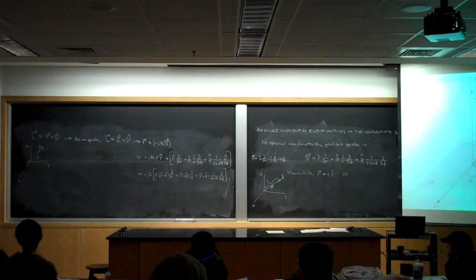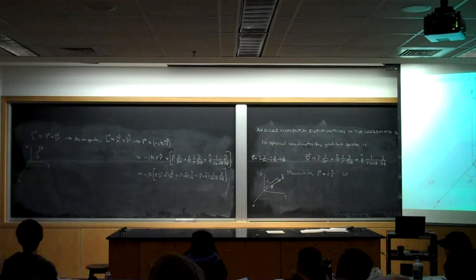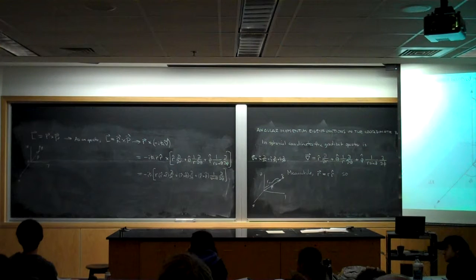And then phi hat is that vector right there. Because if I swing this thing so that only phi is changing, then I'd be swinging in the direction of phi hat. So r without the hat, and r hat, theta hat, phi hat.